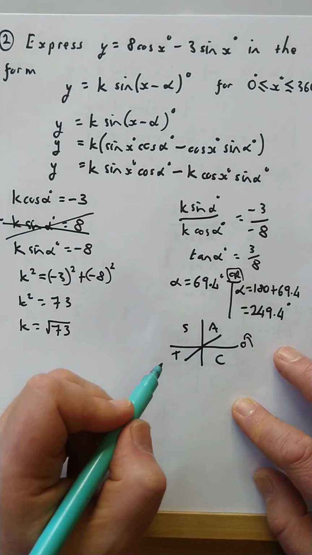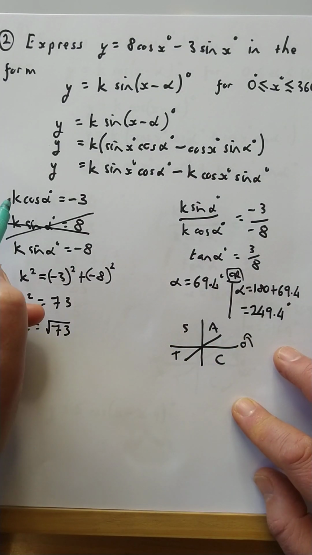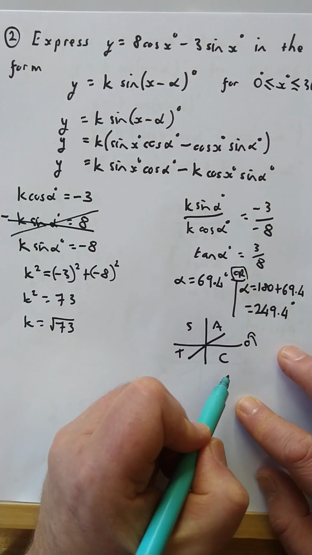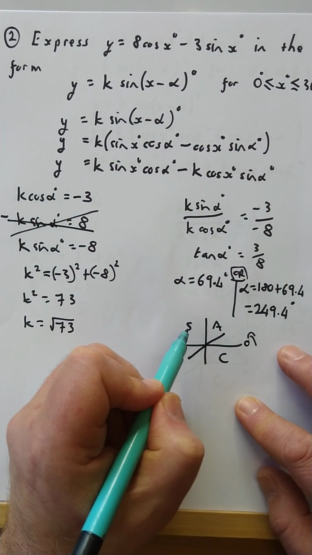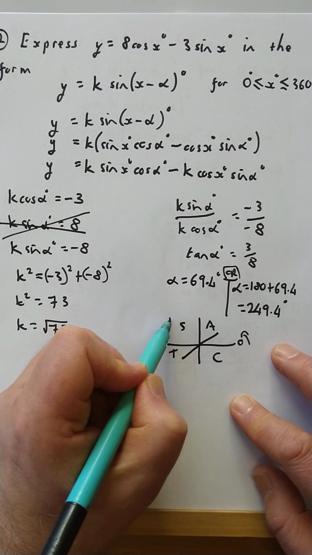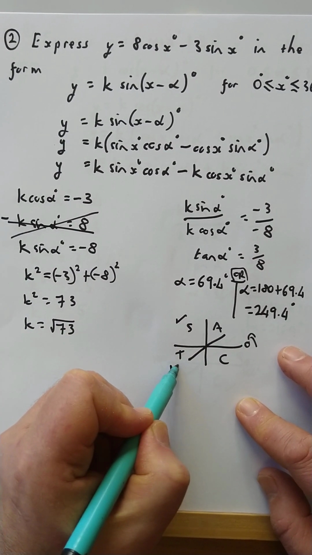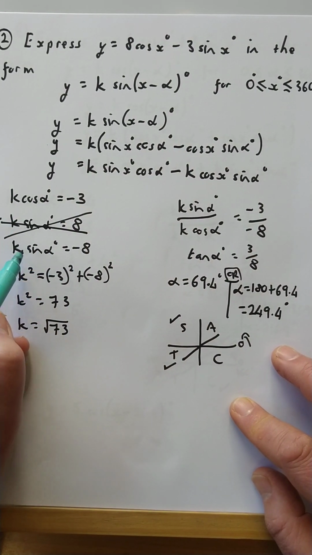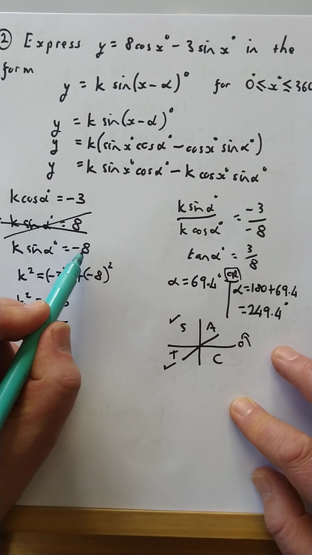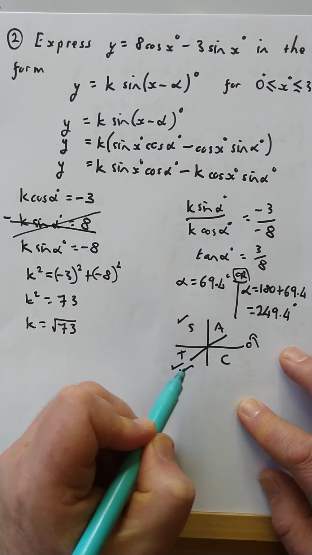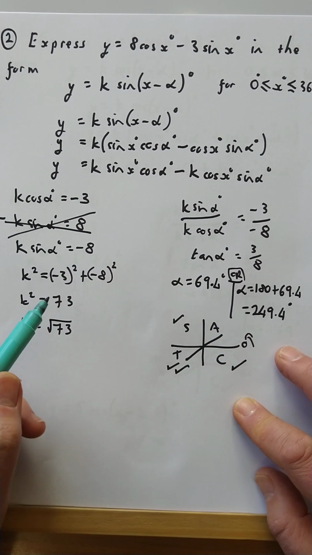How do I know which of the two answers it is? Go to the original ones. My k cos alpha term was negative. Where is cosine negative on this diagram? It's plus here and plus here, so negative in the sine section and in the tan section. Where is my k sine alpha term negative? Again, in the tan section and in the cos section.